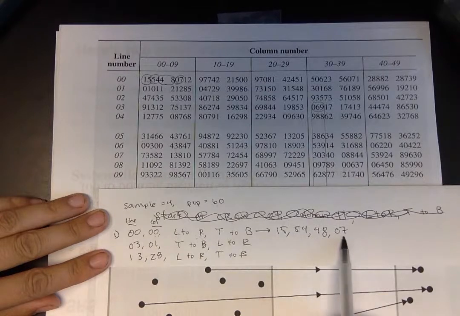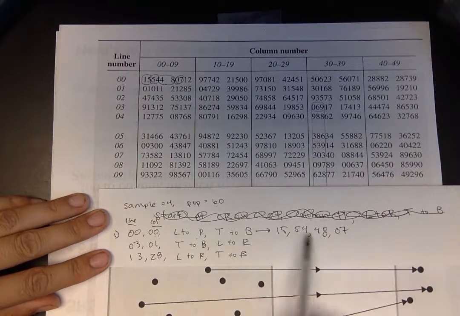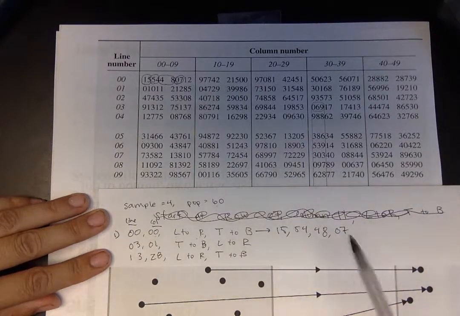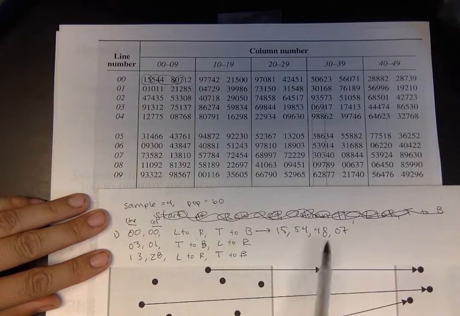All 4 of these numbers are less than 60, so I can count this as my 4 numbers, and hopefully what I have also done is gone through my roster and numbered everybody from 1 to 60, and students' numbers 15, 54, 48, and 7 are the 4 that I've decided to interview.